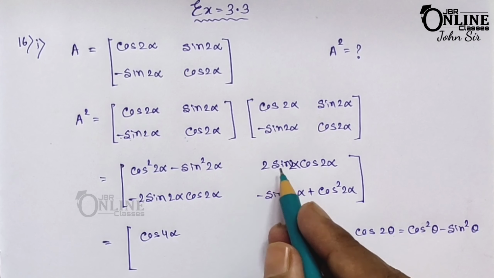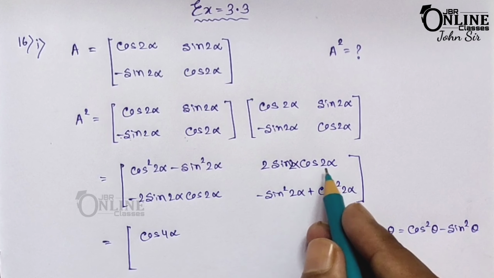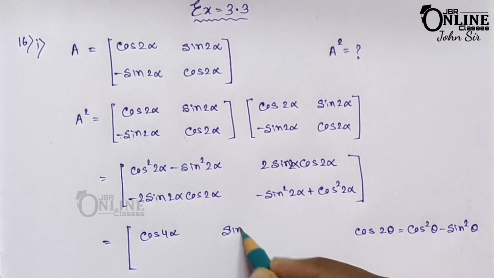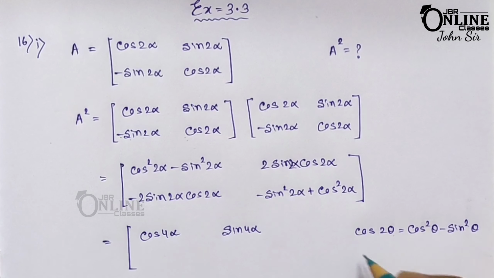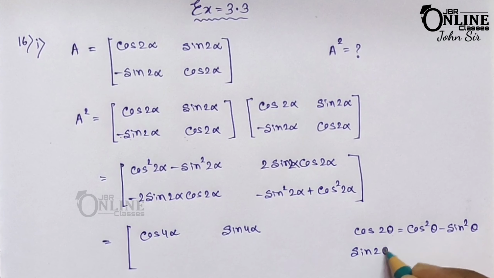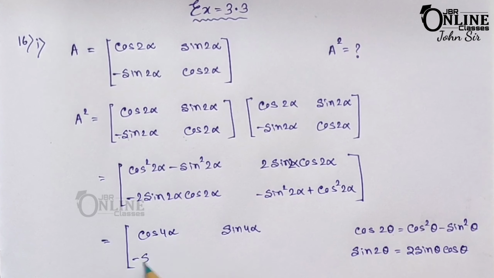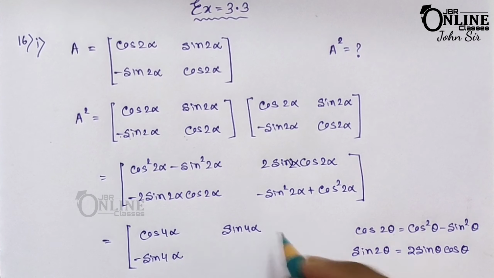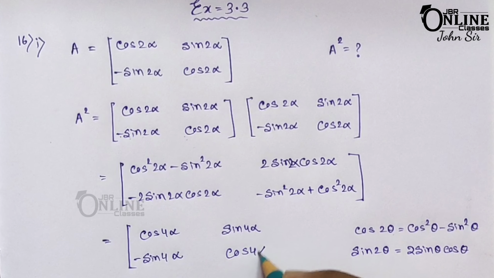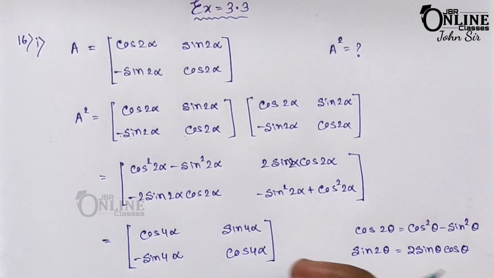Now the next one, 2 sin 2 alpha cos 2 alpha, will be sin 4 alpha, because the formula of sin 2 theta equals 2 sin theta cos theta. Next one will be minus sin 4 alpha, and this one will again be cos 4 alpha. So that is your answer.